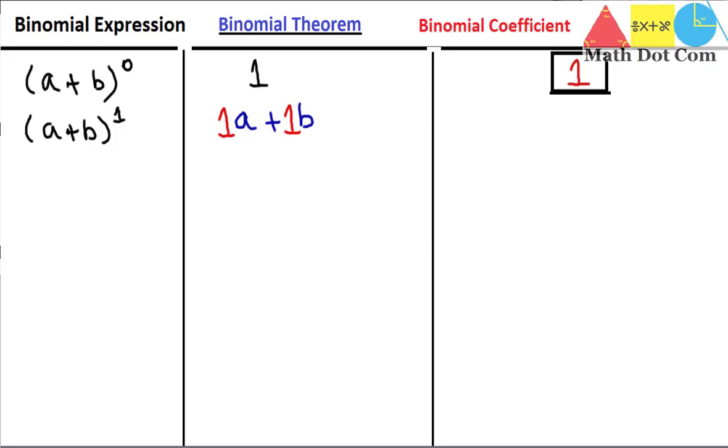Now how did we know that it is 1 and 1? By using the Pascal's triangle. In the Pascal's triangle, we will have 1 1 at this level. That's why we have 1 and 1 as the coefficients of a and b, according to the Pascal's triangle as well. So these are the first two stages of the Pascal's triangle. As we move forward, you will understand it better.